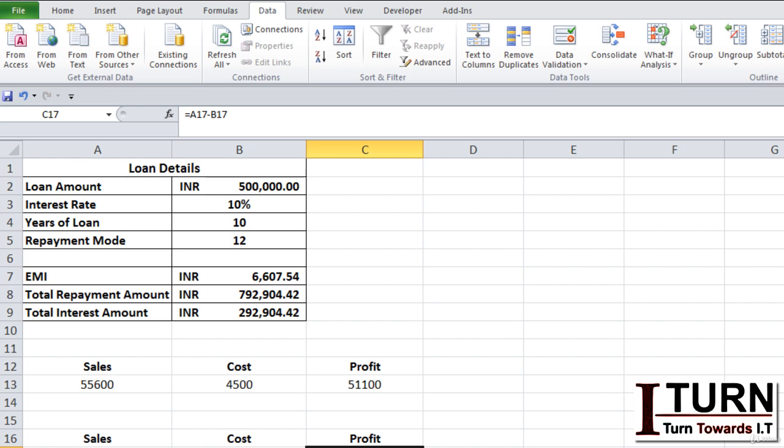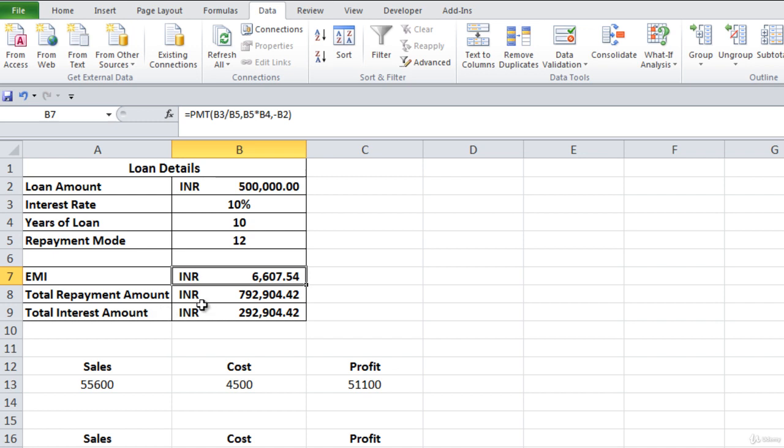In the previous video, where we learned how to generate an EMI calculator, you saw how by applying a PMT function I got the EMI. After that, by doing some equations, I got the total repayment amount and total interest amount.